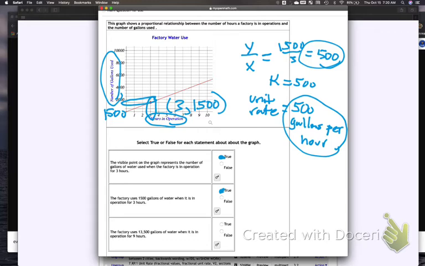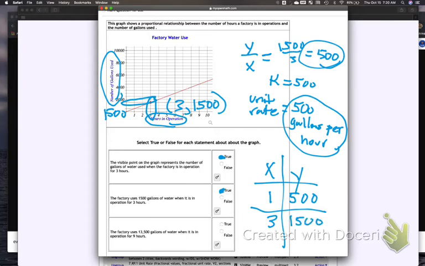So what we could do here is we could relate this back to the times that we do tables. So if the unit rate is 500 gallons per hour, that means for 1 hour, the number of gallons used was 500. We also know that the plotted point is 3 hours and 1,500 gallons.